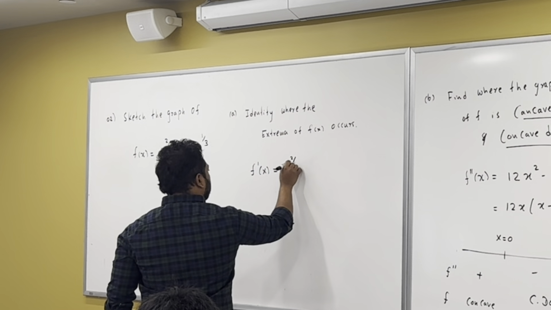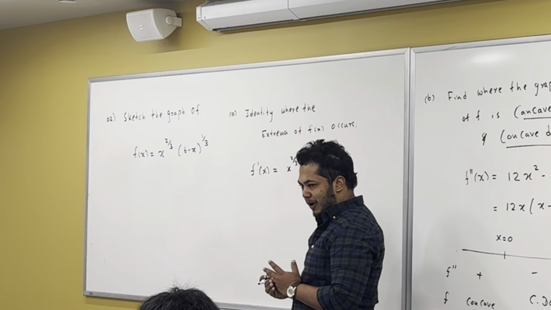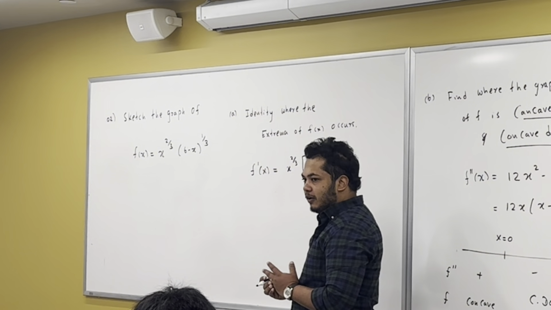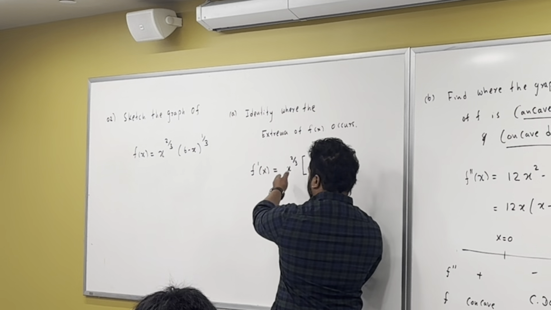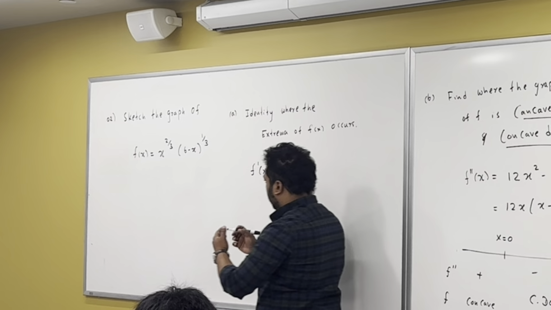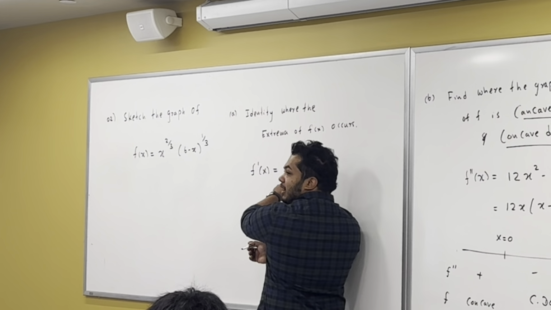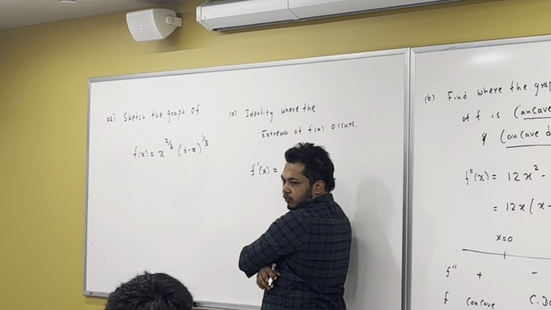x^(2/3) times the derivative of (6 - x)^(1/3). Do you not take the derivative of the first part? You can take the first part and keep the second one if you want, it doesn't matter where you start. So you're asking, can I take the first part's derivative, and you can do that if you want. Okay.